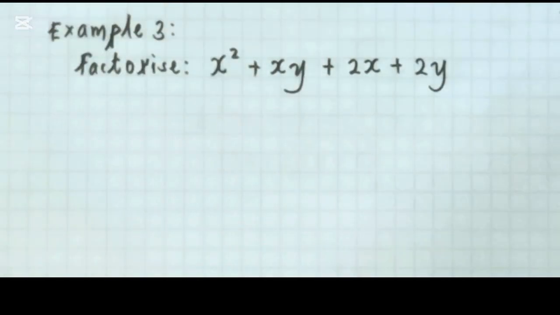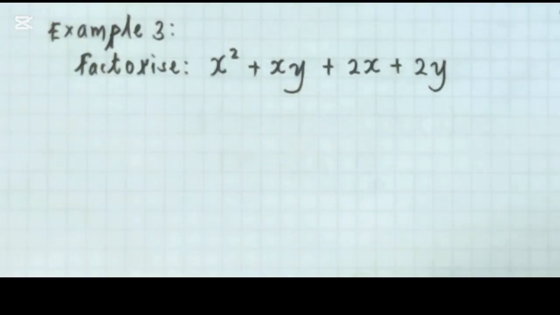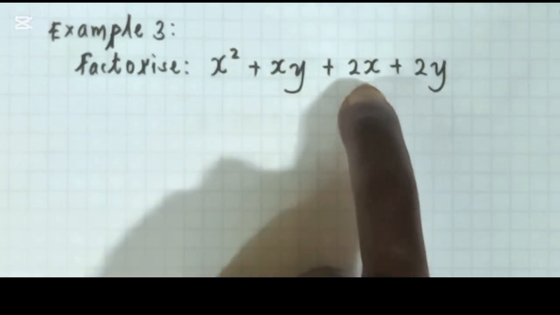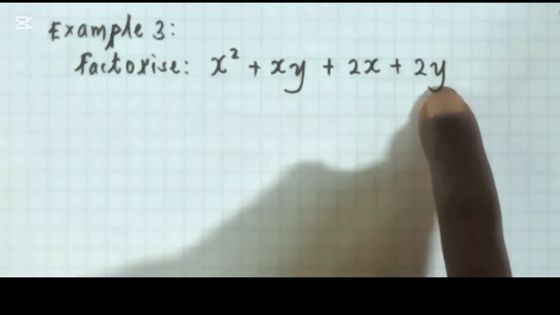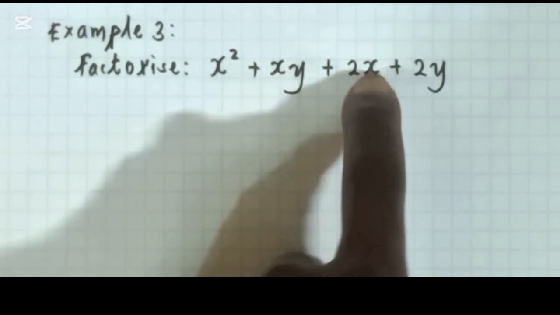Finally, as we do our last example, note we are going to factorize x squared plus xy plus 2x plus 2y. I want you to first note that we do not have any common factor within the expression. x is common in this term and this term, but not common in the last term. y is not common here, it is common here, not common here.